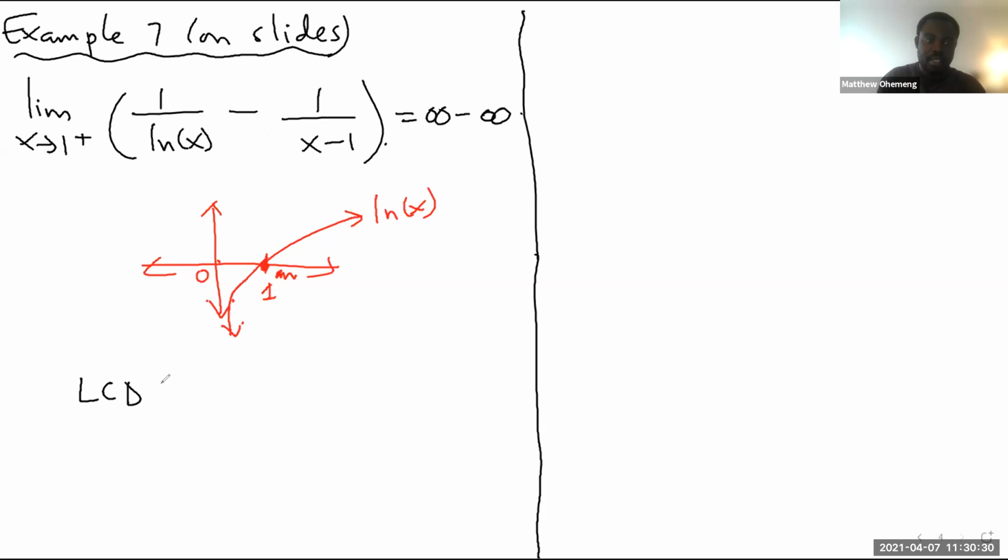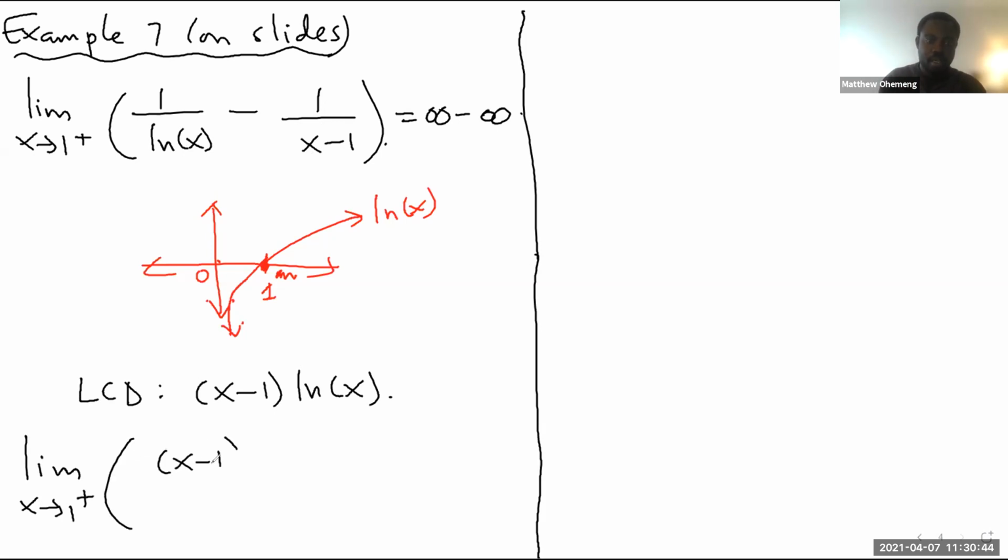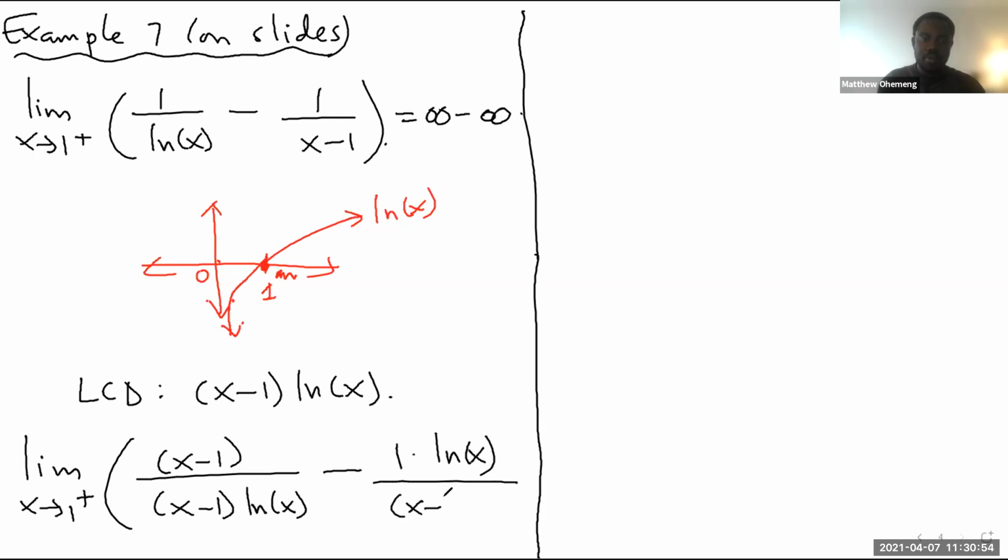For this one, the LCD will just be x minus 1 times ln of x. So let's write this as a single quotient. We have the limit as x approaches 1 from the right of x minus 1 over x minus 1 times ln of x, minus, for the second part, 1 times ln of x over the same denominator, x minus 1 times ln of x.